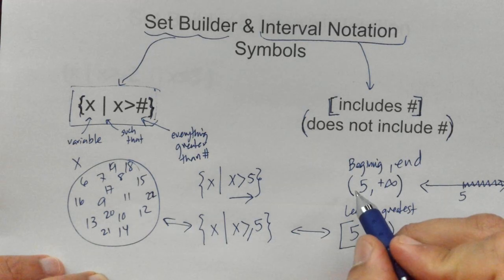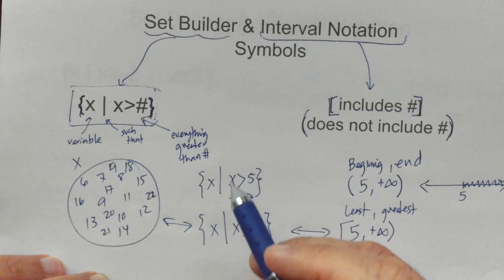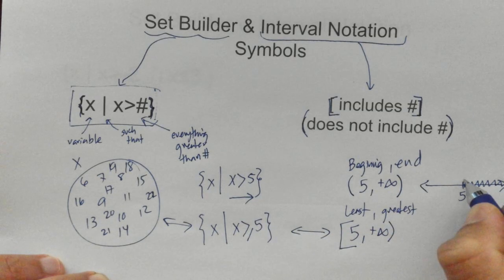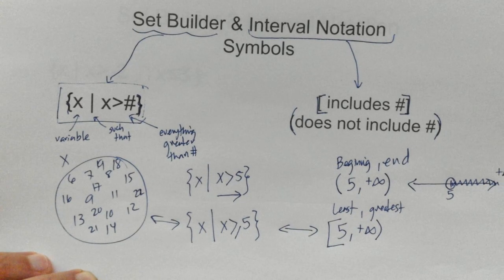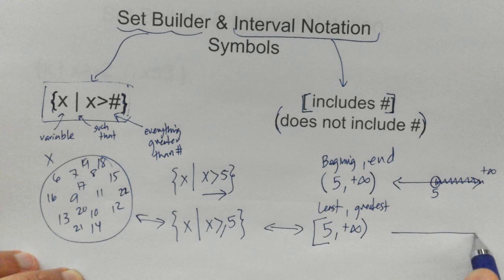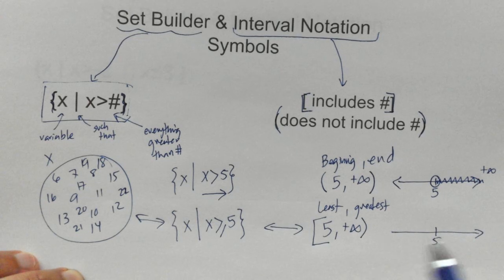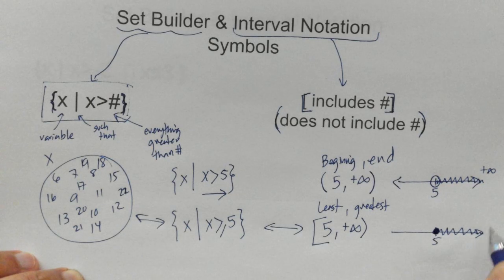Since the parentheses tells me that 5 is not included in the set because it's everything greater than 5, we're going to use an open circle to say that that number does not exist there. In this scenario, had it existed, right, if it was equal to 5, we would have put a closed dot because that 5 does exist, and then it's everything above it.